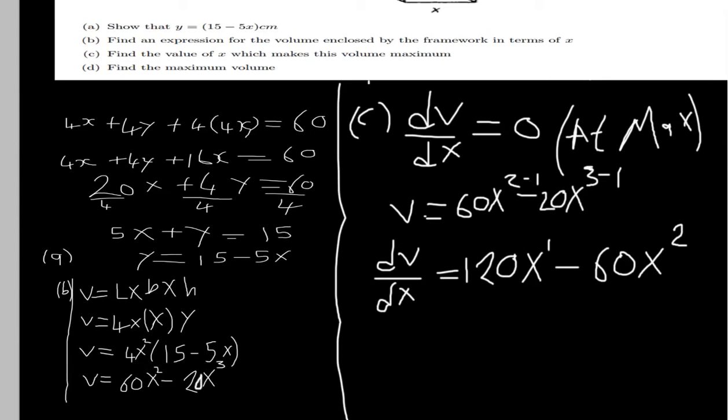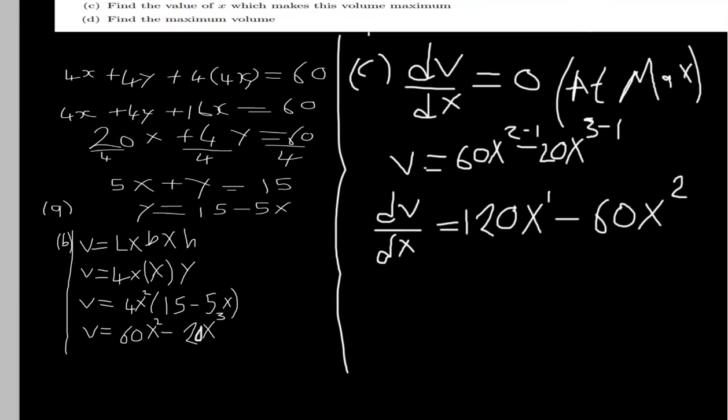So now we know that dV/dx is equal to 0. So if dV/dx is equal to 0 and dV/dx is equal to this, it's the same as saying 120x minus 60x squared is equal to 0.